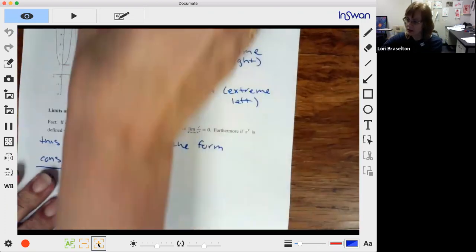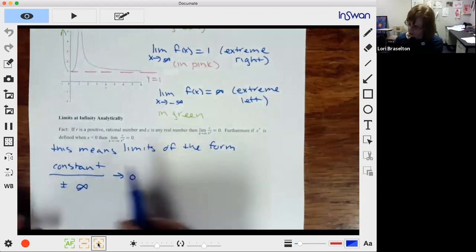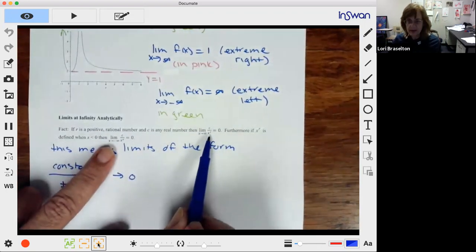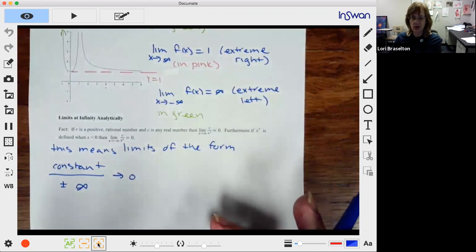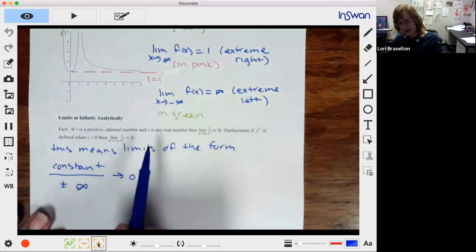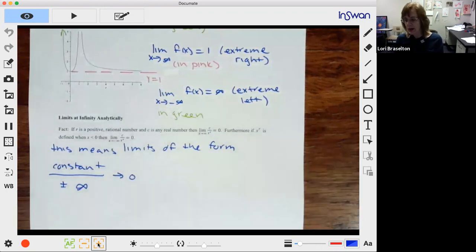If I think about plugging in infinity here, so that I have infinity raised to the R, or negative infinity raised to the R, when you're at infinity and you exponentiate it in any way, you stay at infinity. So if I think about substituting, which I shouldn't do because infinity is not a number, we'll learn later that infinity minus infinity isn't necessarily 0, and infinity divided by infinity, not necessarily 1.